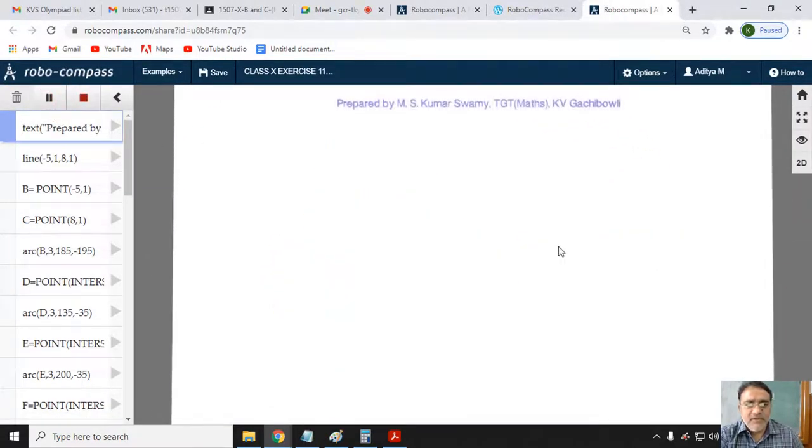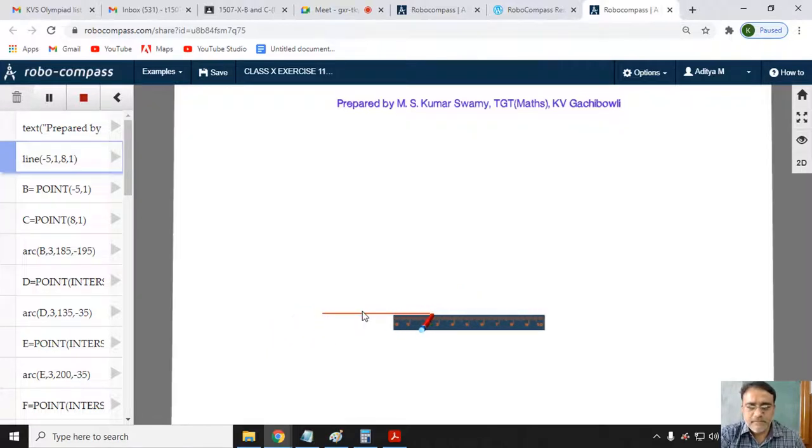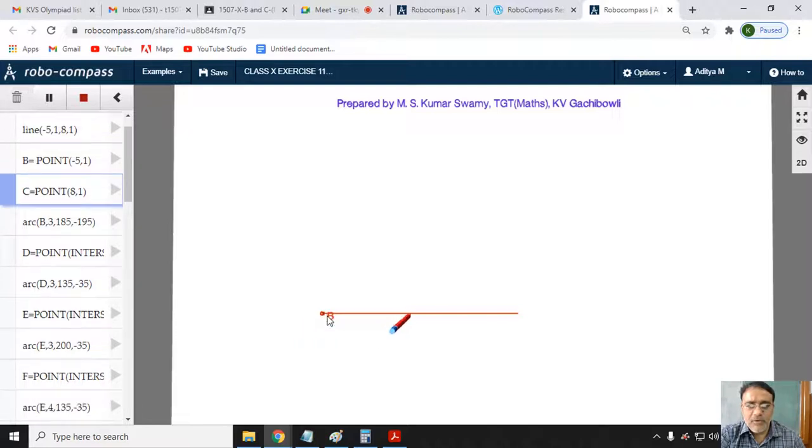Right. So first what we will do, we will draw one line segment. Okay. So एक line segment हम draw कर रहे हैं, BC. So we'll mark B and C. Okay. अब यहाँ पे हम लोग को एक 90 डिग्री ड्रॉ करना है, because angle B is given 90 degree.